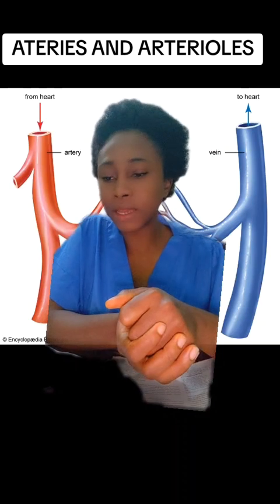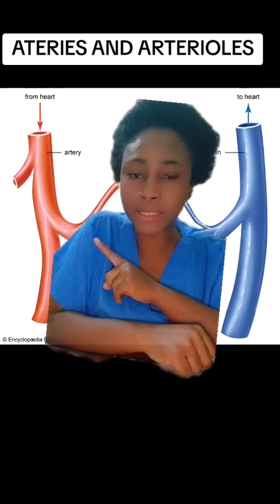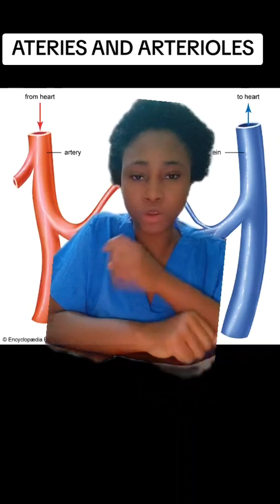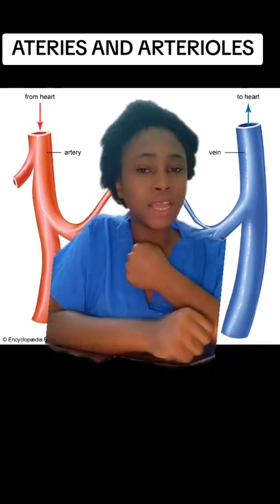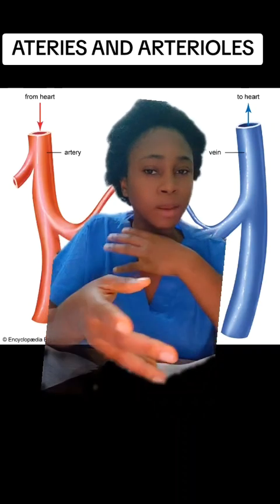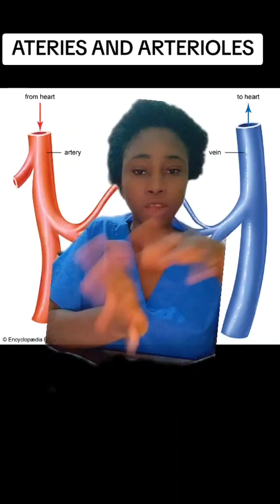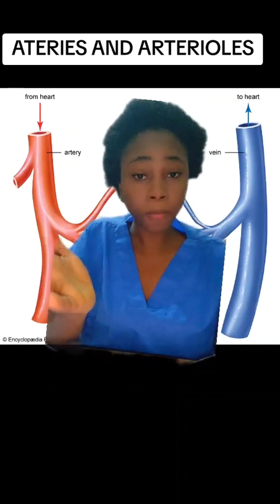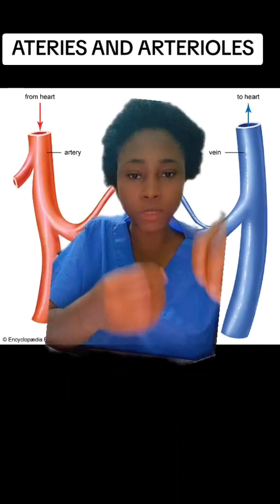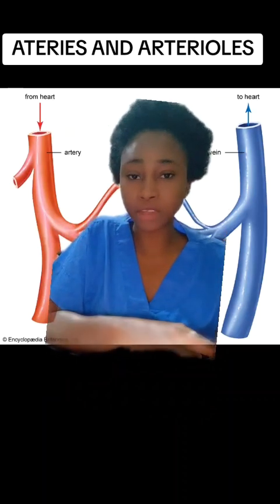Meanwhile, the arteries that are closer to the heart, they call them the elastic vessels, because they stretch and recoil. That's why they are made up of more elastic tissue. Then the arterioles, because the artery has branched off to arterioles, their walls are now mostly made up of smooth muscle and less of elastic tissue.